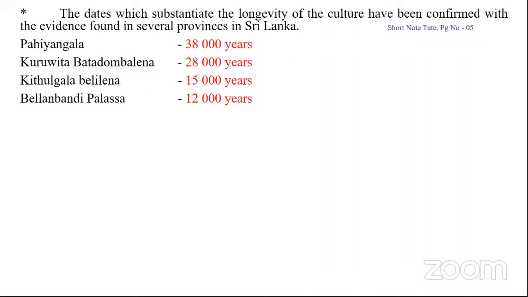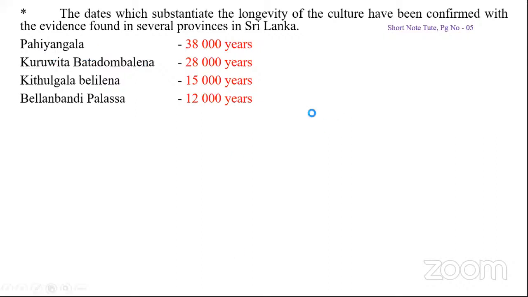Right. So the dates which substantiate the culture have been confirmed with evidence found in several provinces of Sri Lanka. Now, the soil layer in which Stone Age man is found in these regions is as old as this, like 38,000 years in Pahiyangala. So in Pahiyangala, the soil layer is 38,000 years old.